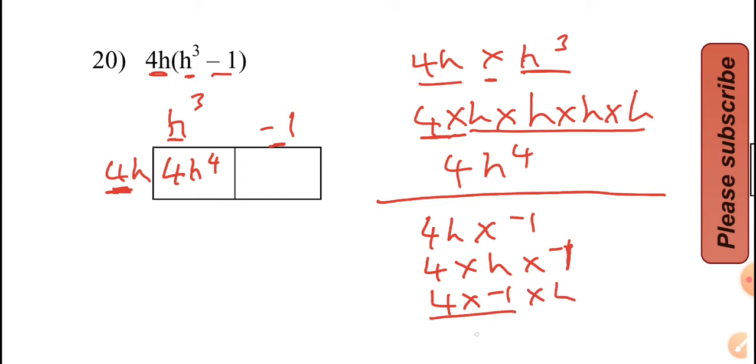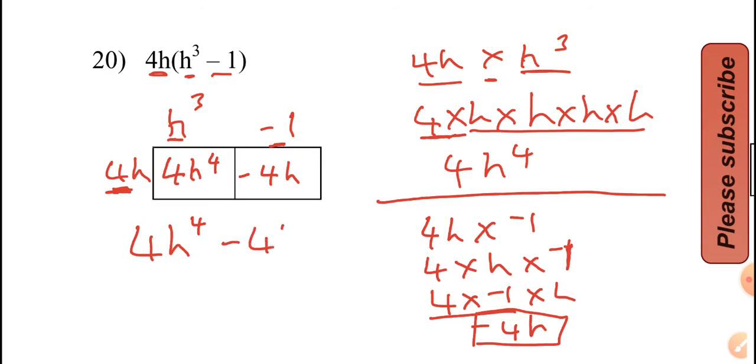So we know 4 times minus 1 is just minus 4, and then the times h, we just write it like that. So this will be the answer to that bit. So I can fill my table in, minus 4h. So the final answer is 4h to the power of 4 minus 4h.